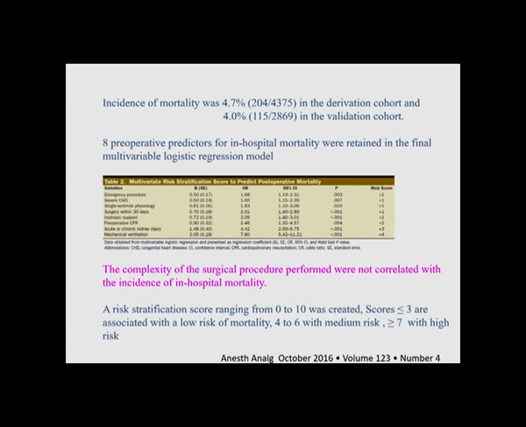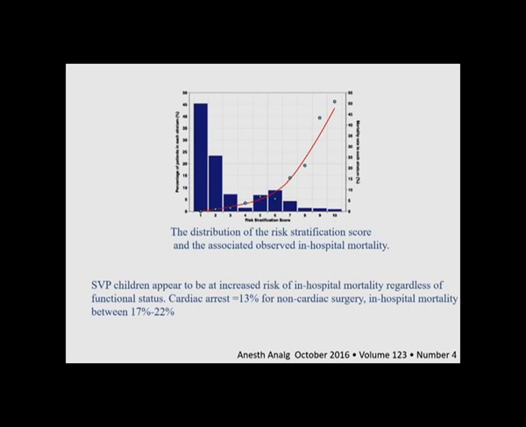So the risk stratification were then from 0 to 10. They created a score. 3 is low risk, 4 to 6 is medium risk, and over 7 is high risk. And you can see that here you have the risk stratification down there, the scores, how many risk factors you have, and you see the mortality is the red line, increases to 50% mortality if you have a score of 10.